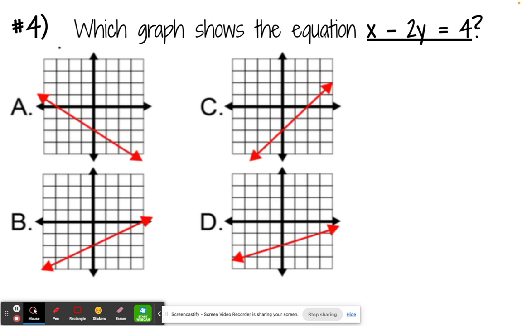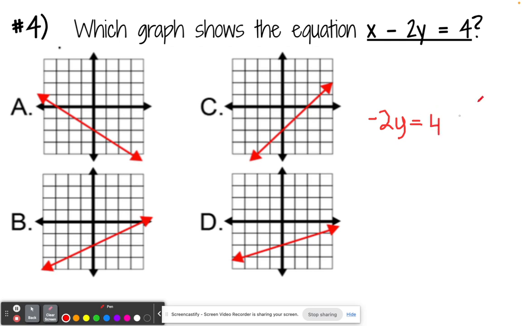Okay, which one shows the equation for this line? Well, what would be the best thing to do? I would be inclined to look at this and say, oh, it's in standard form. Can I find my x and my y intercepts? So if I made my x 0, I would have negative 2y equals 4.